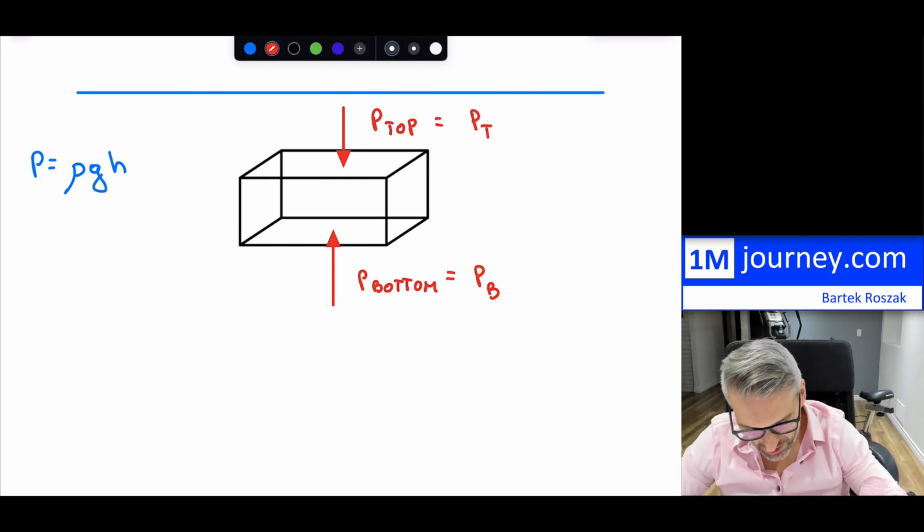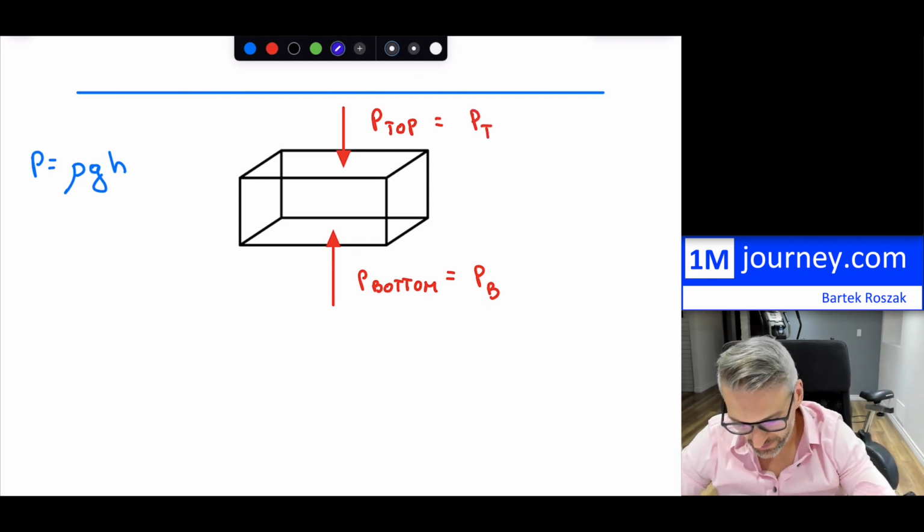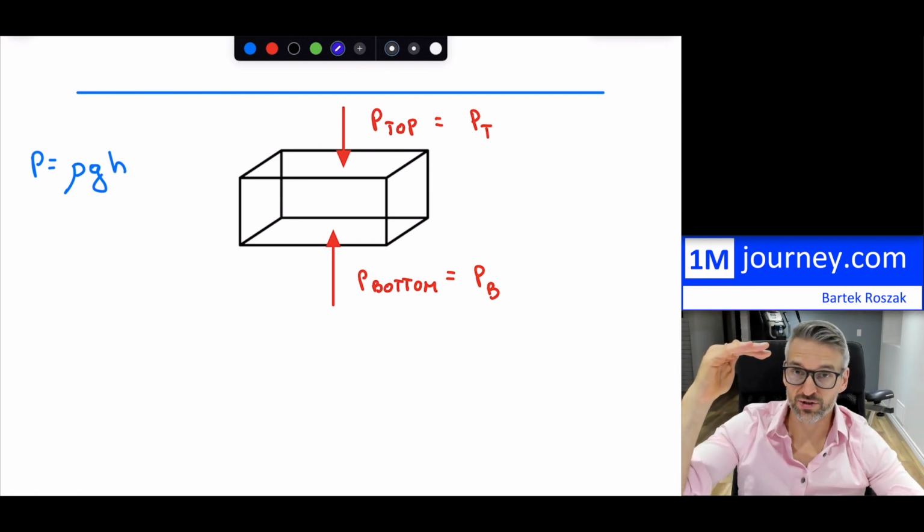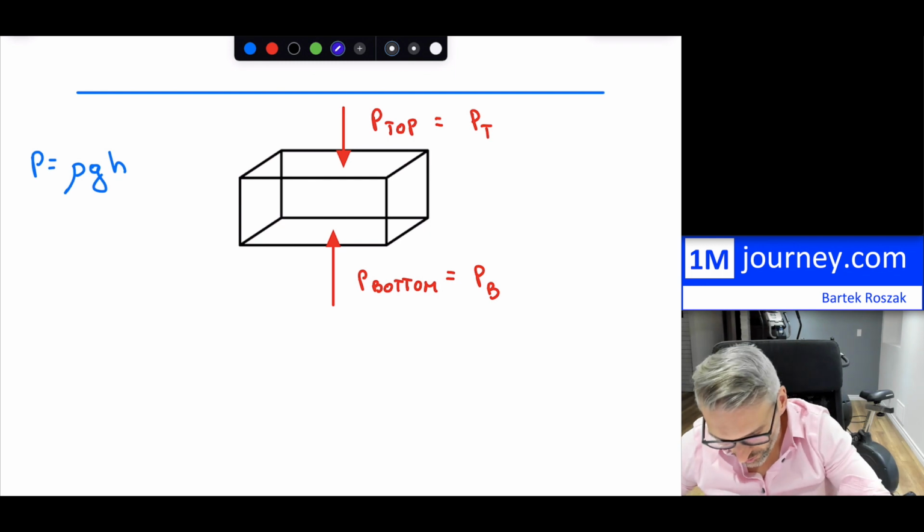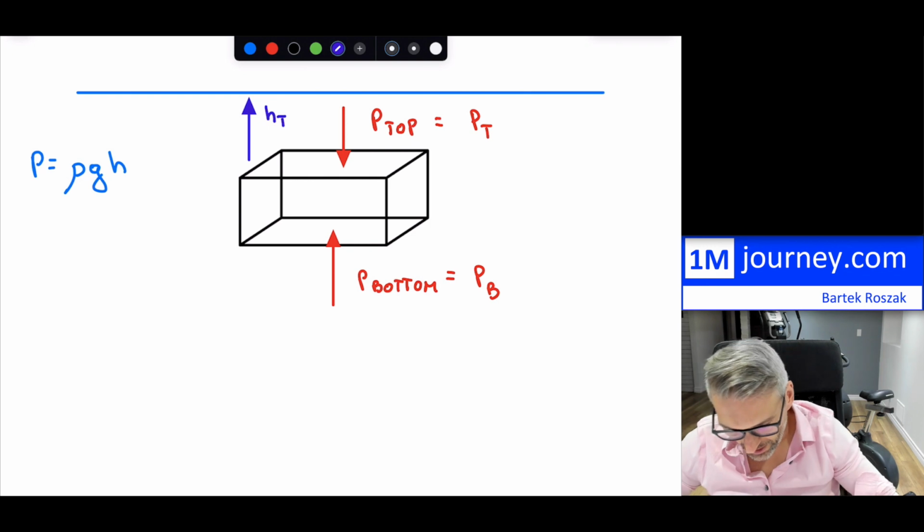Now, what that pressure is depends on the depth at which this object is submerged. So you would have two heights. From the top, you would have a height all the way up to the surface. I'm going to call this HT, for top.